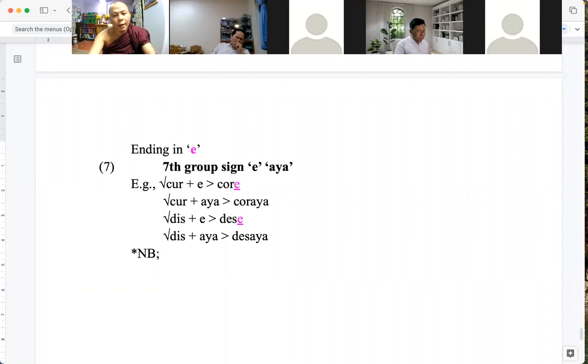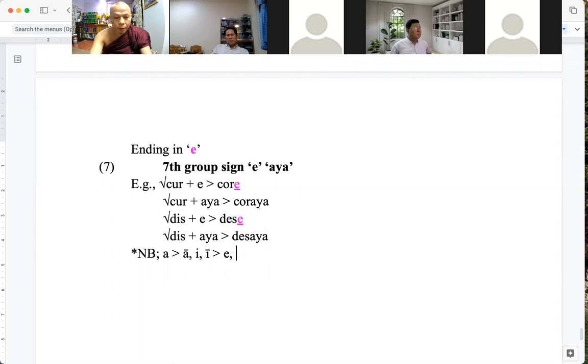So vowel change happens. In the root vowel, if we see a, that a will be changed to o. If we see i or ī, they will be changed to e.